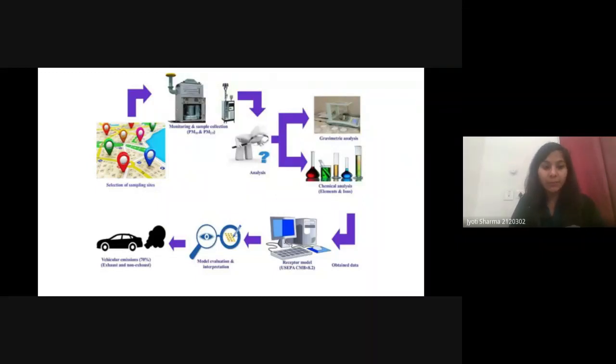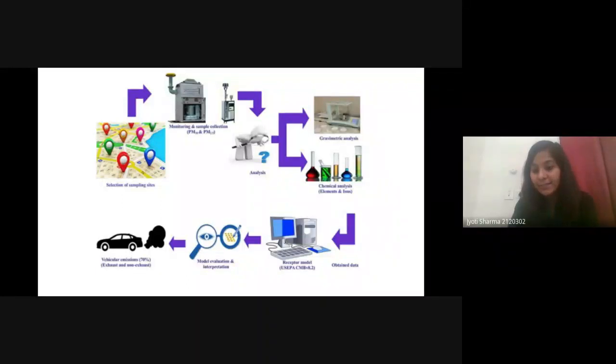This is a very blurred picture, but it is the most appropriate picture by which you can know how this receptor model works. Firstly, we have the selection of the sampling site, meaning you will look at the most polluting areas, the hotspot region. Then from that hotspot region you will collect the air samples. Then you will monitor it, so monitoring and sample collection.